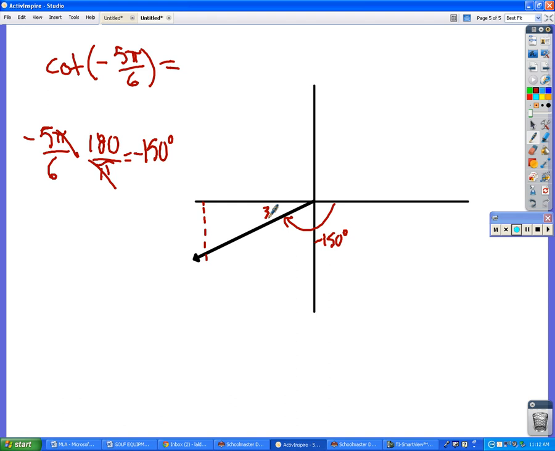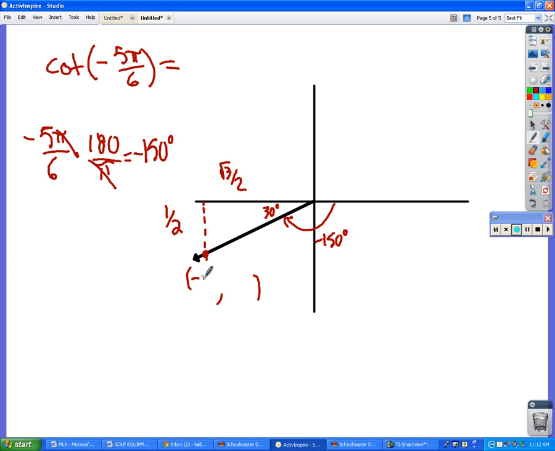30. So then I have to play that game again where I figure out what the coordinates of this point are right here. So since this is a 30, 60, 90 triangle, the short leg is 1/2. The long leg is root 3 over 2. And since we're in the third quadrant, if I'm talking about the coordinates of this point, they would both be negative.